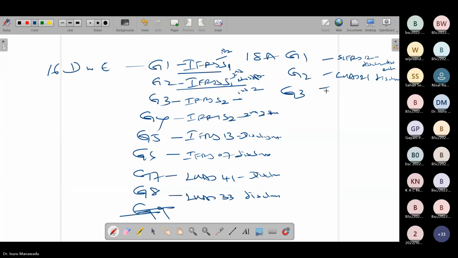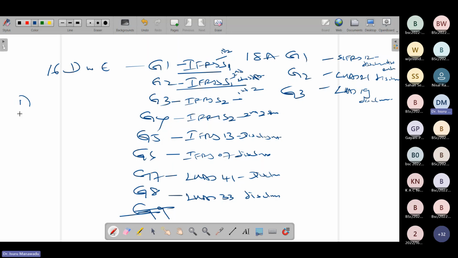Group 3 in 18A, LKAS 19, employee benefits disclosures, right? So these are the allocated areas for each and every group.